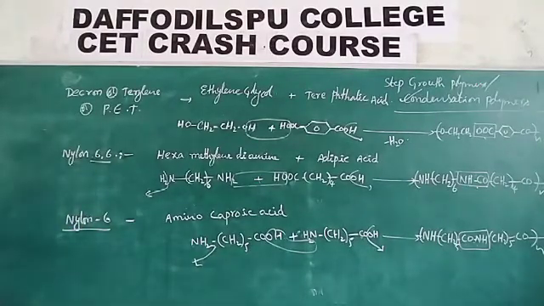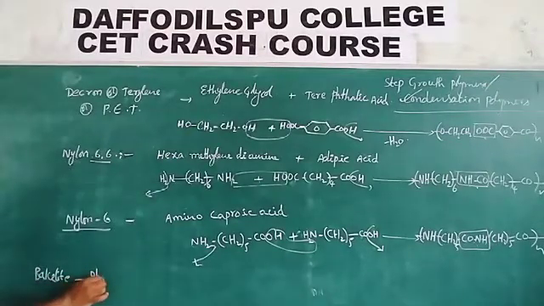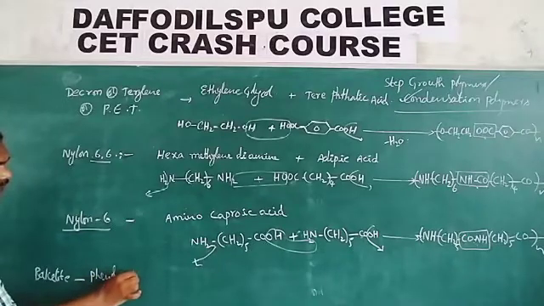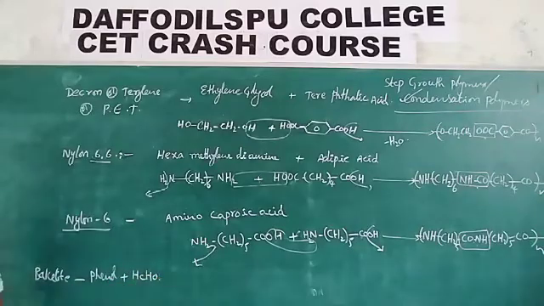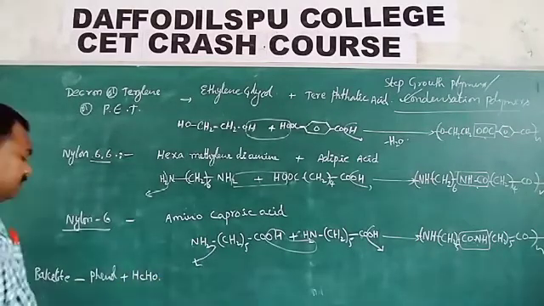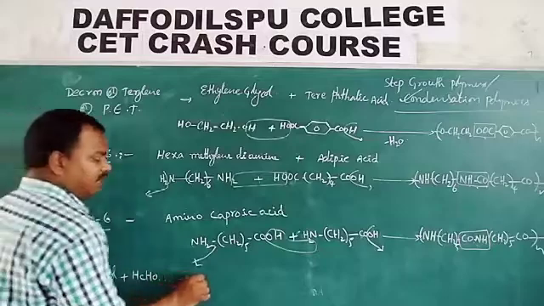Look at another example of condensation polymerization, Bakelite. This Bakelite contains two monomeric units. One is phenol, another one is formaldehyde. First, what happens with phenol and formaldehyde?